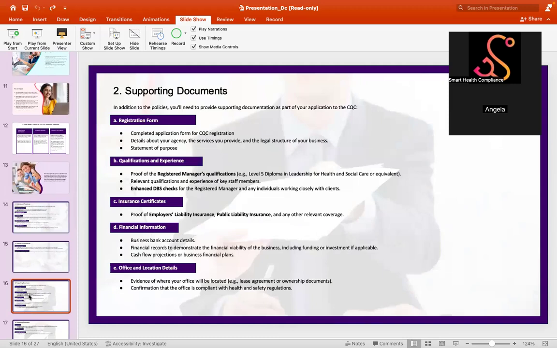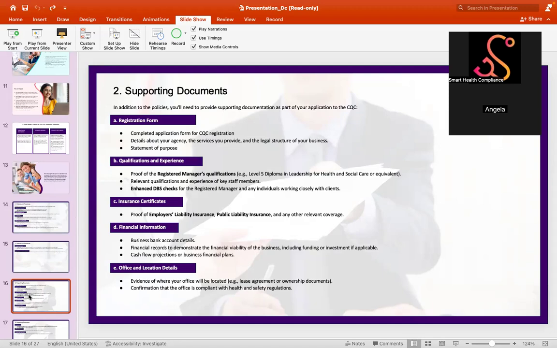Now, what we find, and we do a lot of these applications, is if the policies are not really, really tight, watertight, and it's not been customized, so if it doesn't have your information, for instance, if we talk about the safeguarding policy, it should state who the safeguarding lead is, who the local authorities are, what the process is.